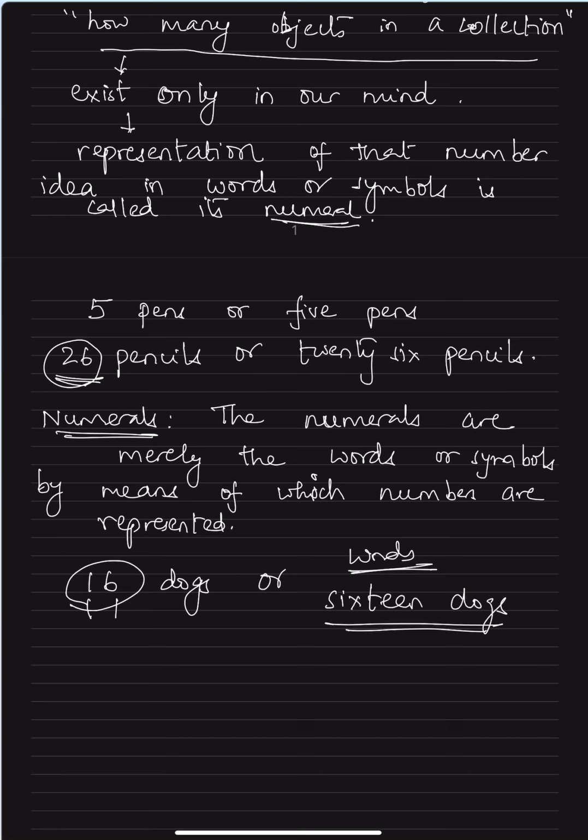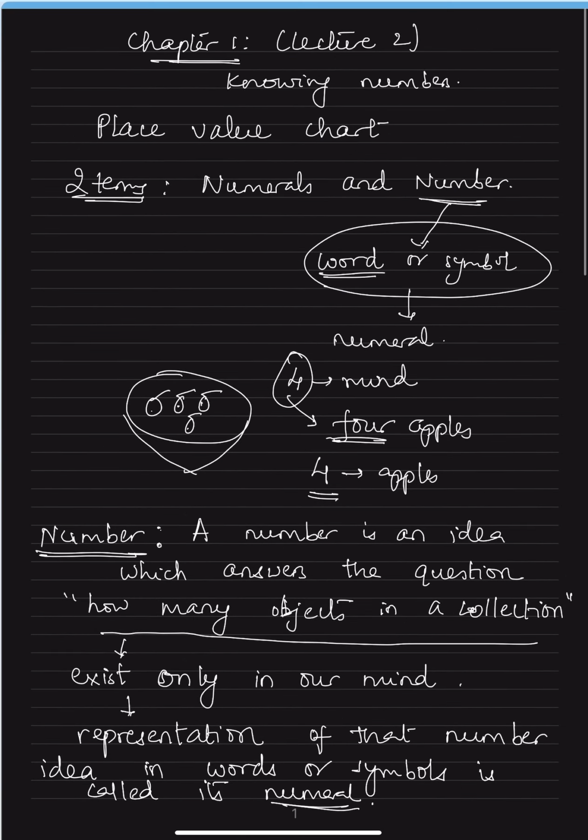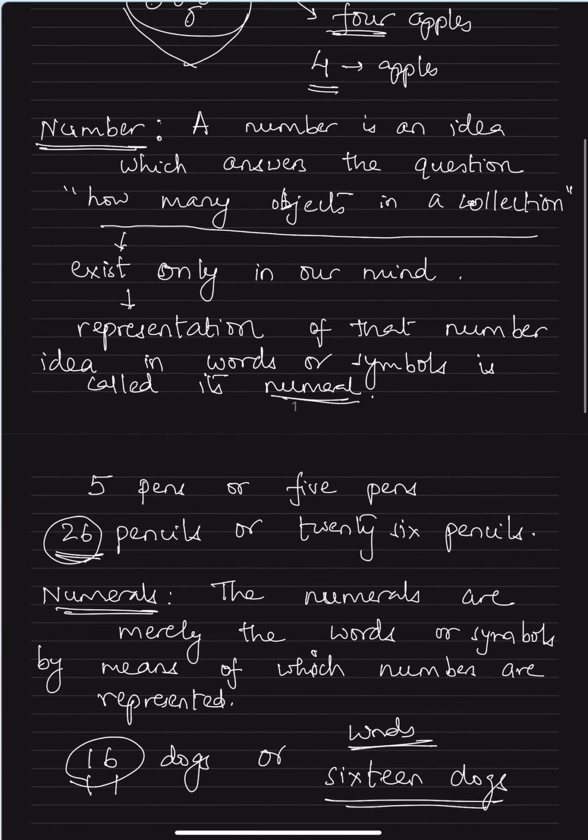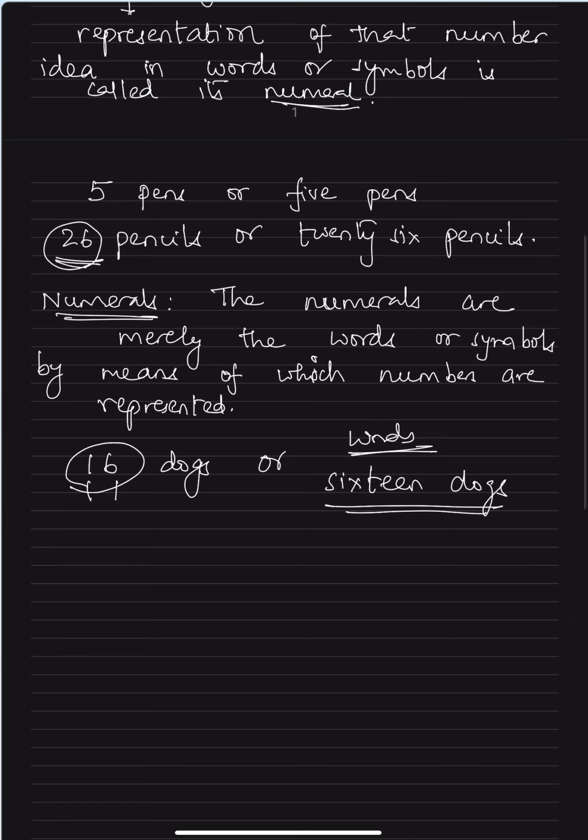So for representing the place value chart, we need to know two terms: numbers and numerals, which we got to know.